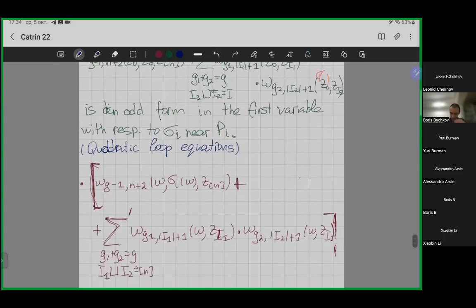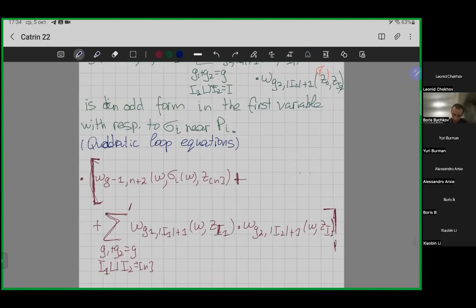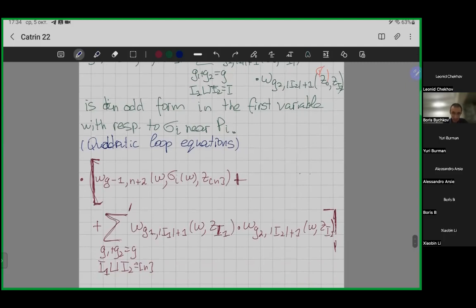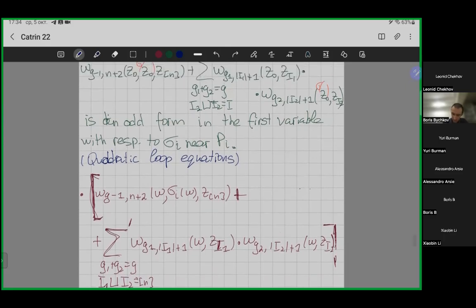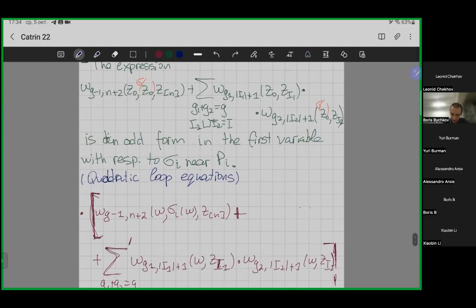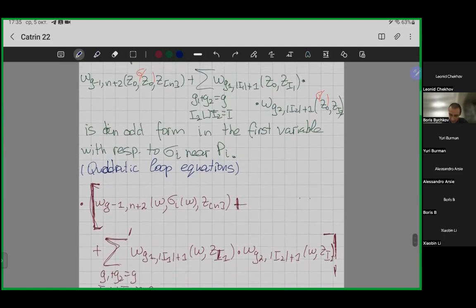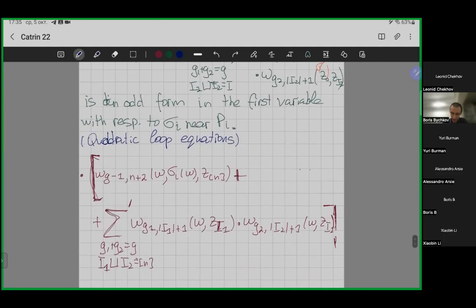Yesterday this summation was over all such decompositions, except if g is equal to 0 or I1 or I2 are empty. Here I allow all of them, and that is the difference. We will see in 5 minutes that it is important, and why these formulations are more or less equivalent.